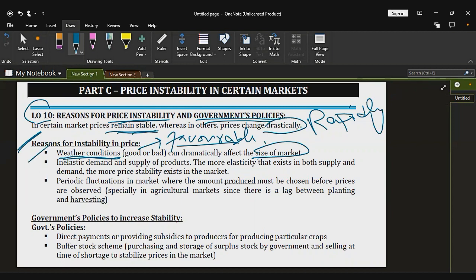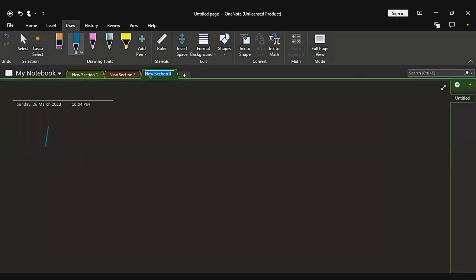Next point is inelastic demand and supply of products. Inelastic demand means that the customer is ready to purchase a product at any price level. So we can also note it down here.